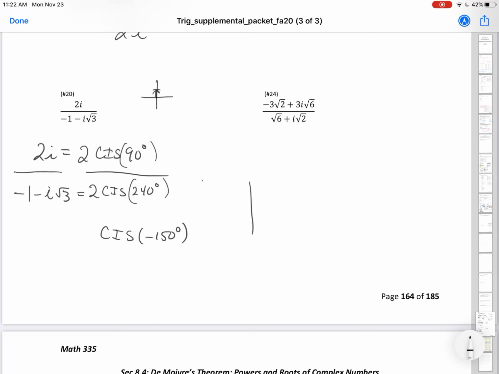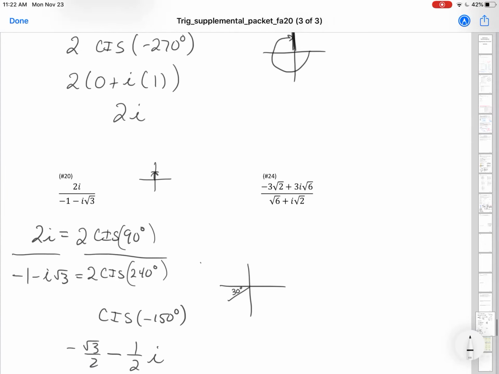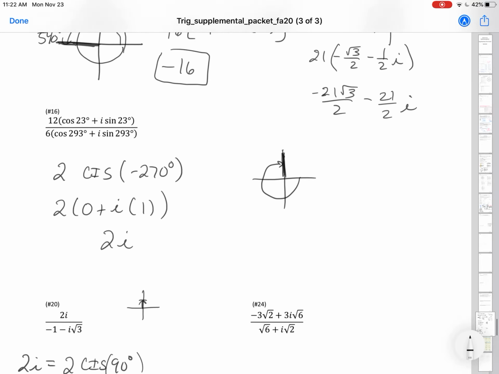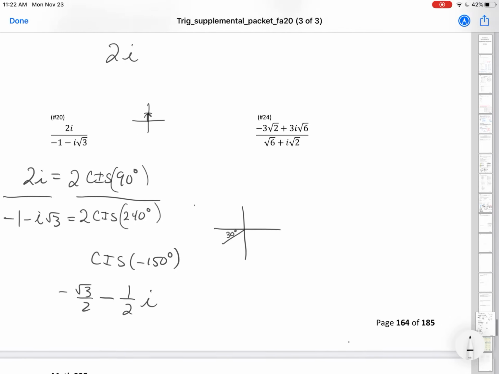Perfect. We just need to figure out where negative 150 degrees is. And it's right here, 30 degrees off of that. So what's its cosine? Cosine of 30 degrees is root 3 over 2, and it will be negative. Sine will also be negative, and it's going to be the 1/2. And we're done.